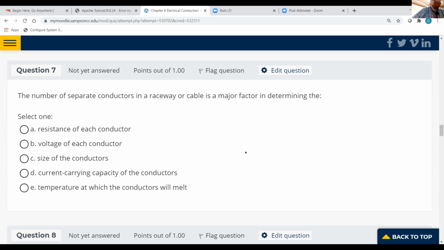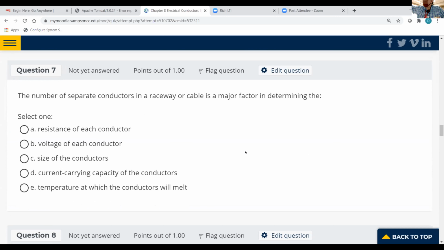The number of separate conductors in a raceway, which could be conduit or raceway, is a major factor in determining. Now, we haven't talked about this, and we got to talk about it now. This is a super big one that I gave you a handout that's going to explain this, and you got to have it.